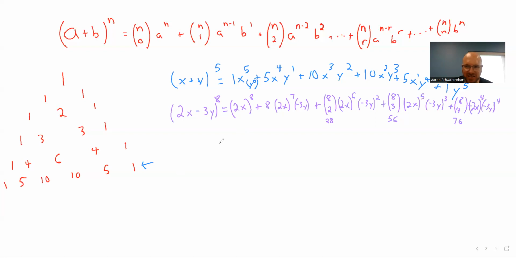Yes, this is tedious. 8 choose 5, which I know these things on Pascal's triangle make a shape. We got 70, this is going to be 56.